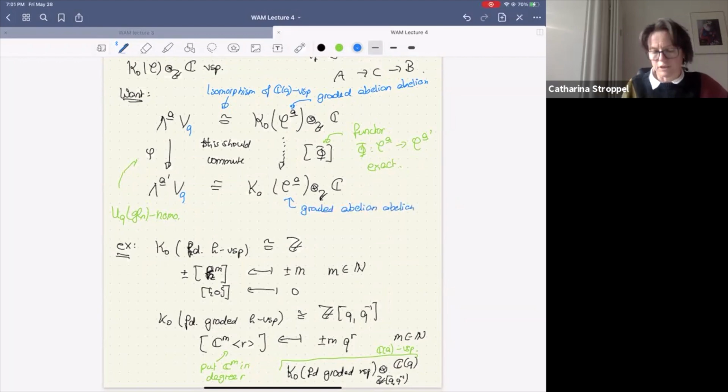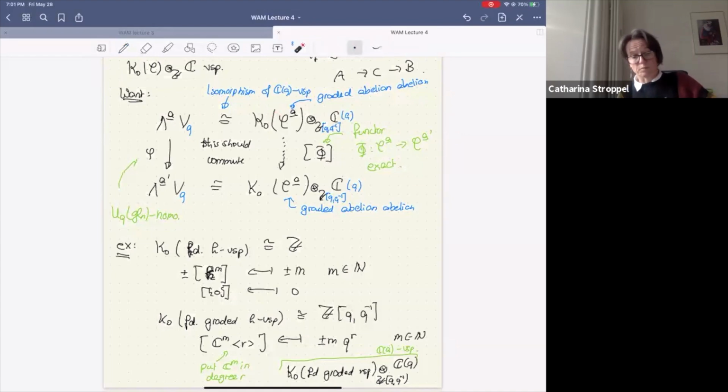So I have some grading shifts. And then I put here Z[q, q inverse], and I put the C(q). And then it makes sense to say this should become a C(q) vector space isomorphism. So this is the whole thing which I want to do.